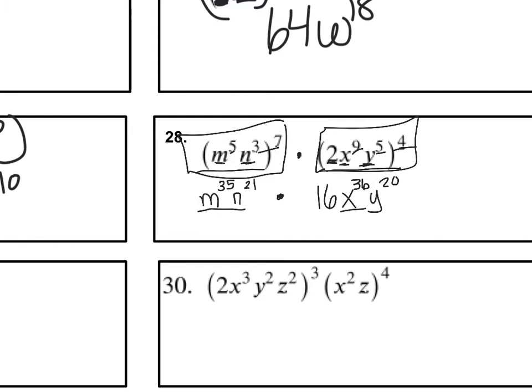These are all different variables, right? So when we multiply it, all we're going to get is 16. And we're going to put in alphabetical order. M to the 35th, N 21, X 36, and Y 20. And that would be our answer.